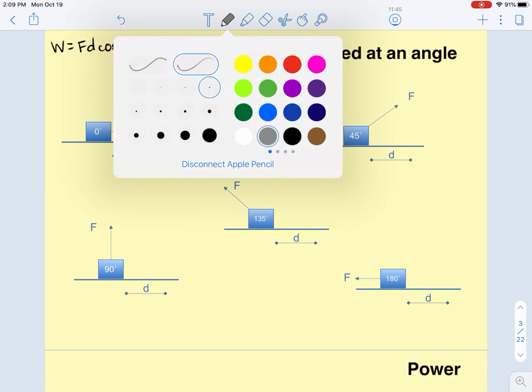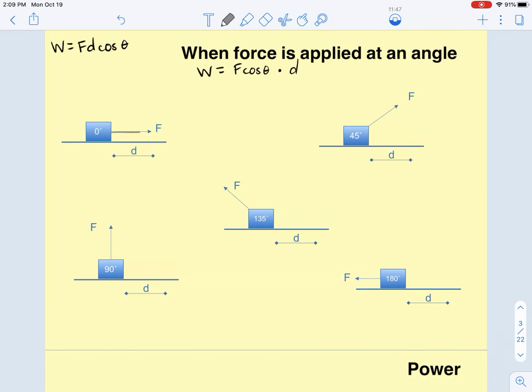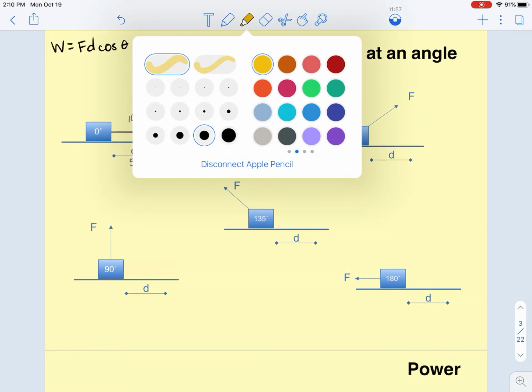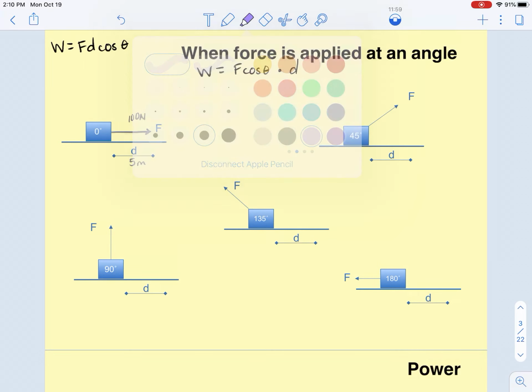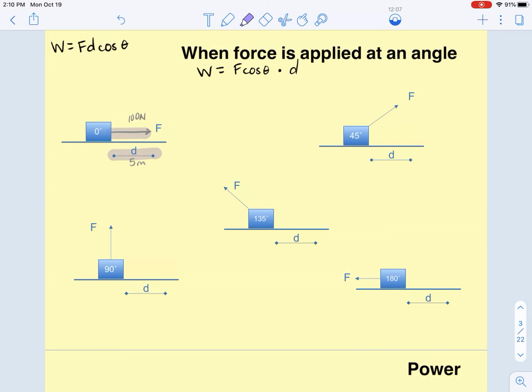All right, so let's look at this first example. If I have a force being applied here, and we're going to just continue this with our 100 newtons force and our 5 meters displacement. And I know we've already done this one, but we're just going to go through it real quickly so that we have everything on the same page. My force is being applied along the horizontal axis.